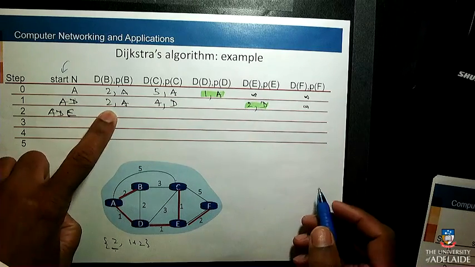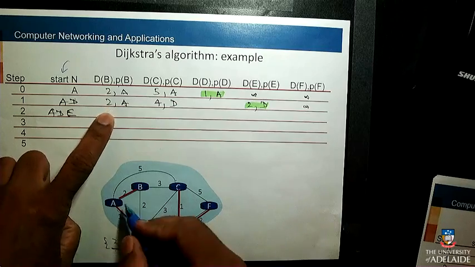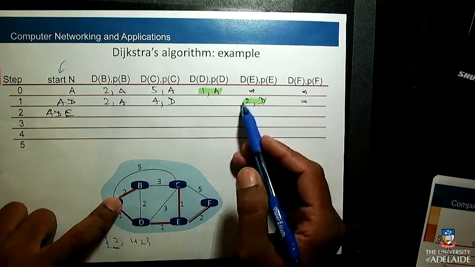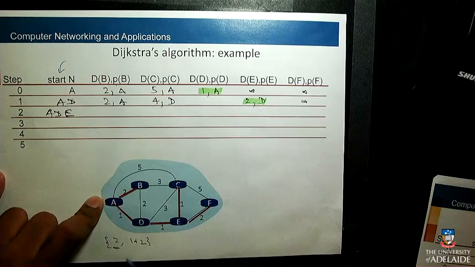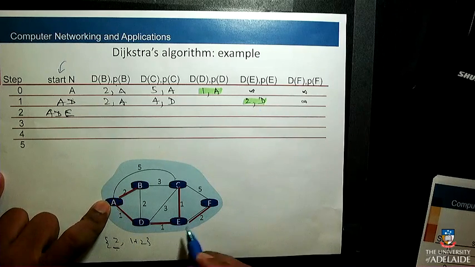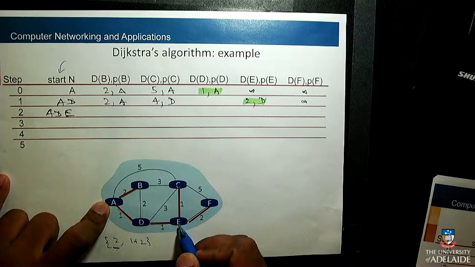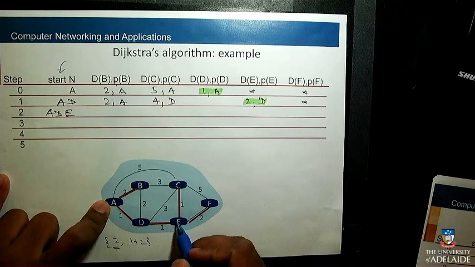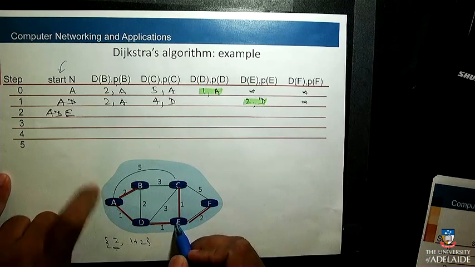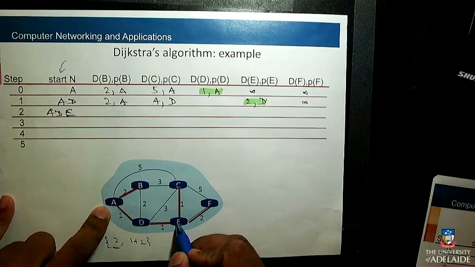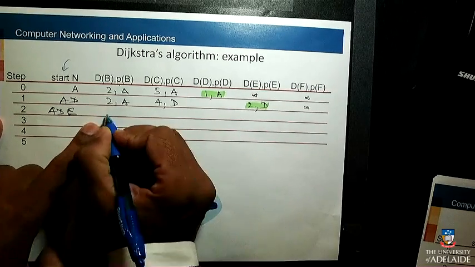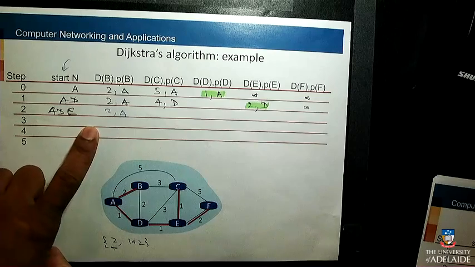In terms of getting to B, my current cost is 2. I can get to E with a cost of 2, and the least cost path that E has cannot be better than what I already know, so this is not going to change.